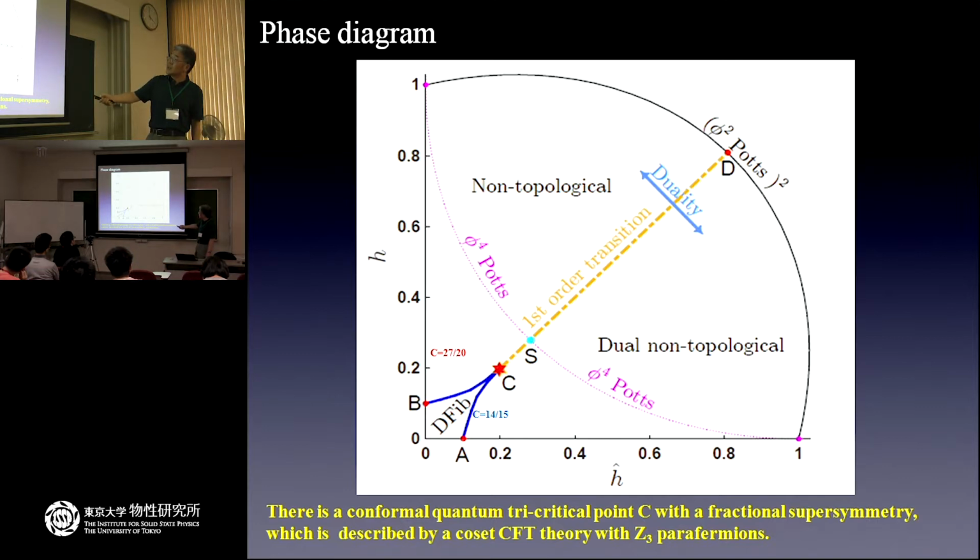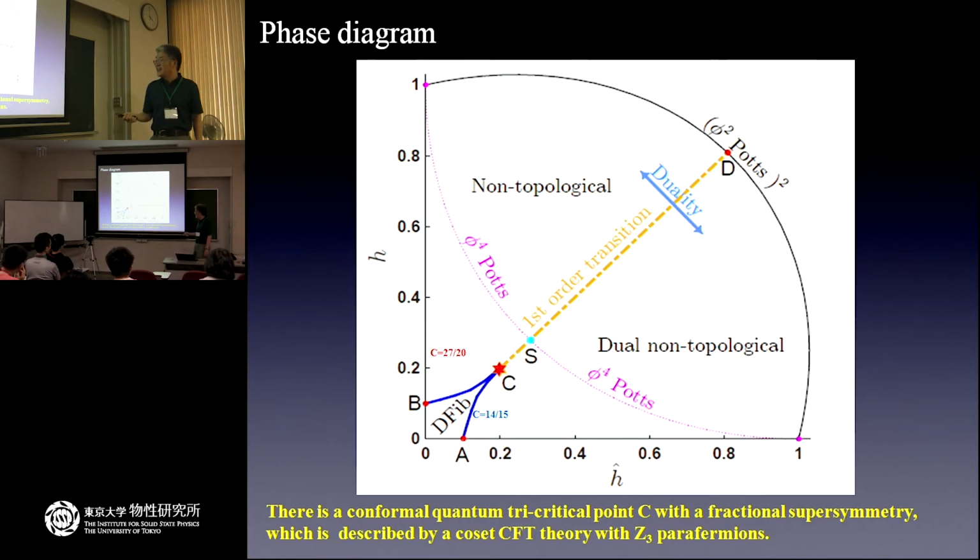The corresponding conformal field theory describing this continuous phase transition has central charge 40 over 50. The novel thing is around this tricritical point. This tricritical point is described by a central charge equal to 27 over 20, which is a coset CFT.